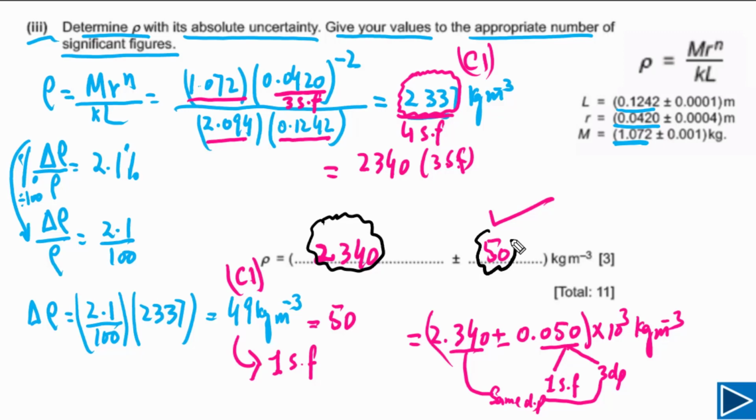The simple way is that the absolute uncertainty should have 1 SF only. The next point to consider is the number of decimal places. The number of decimal places in the absolute uncertainty, you have to use the same in this measurement. So they must have the same DP. If you follow these rules, you will get full marks.